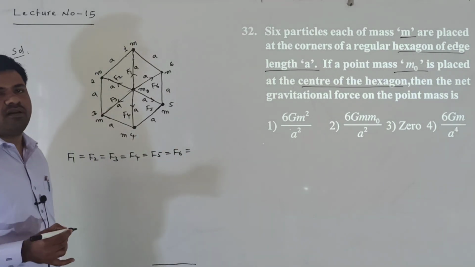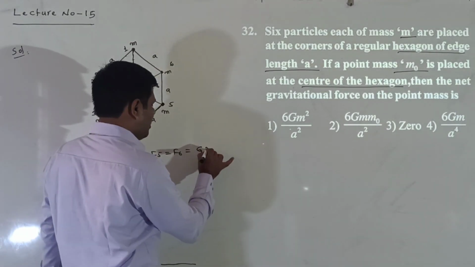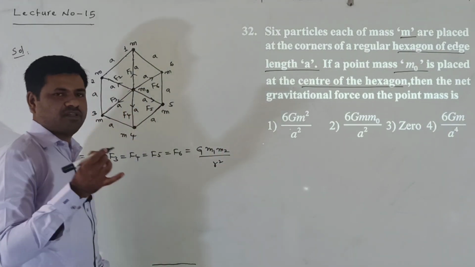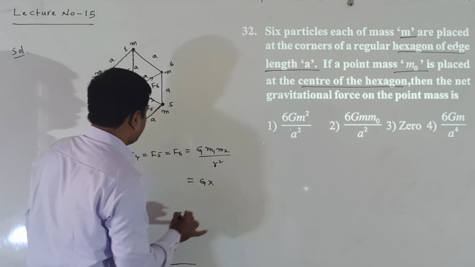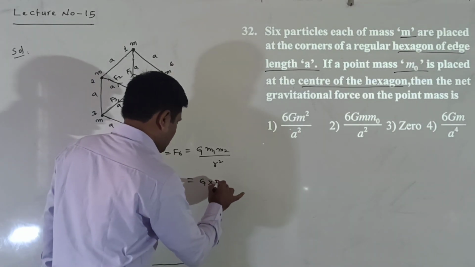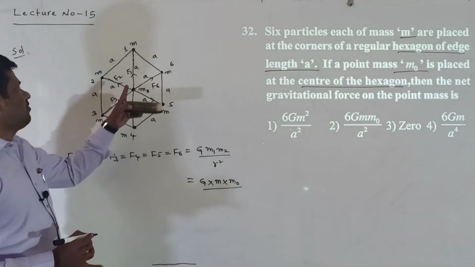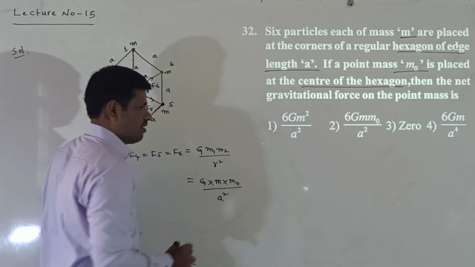All forces are equal. That value is equal to G into m1 m2 by r square, where r is the distance between the two masses. Now G into one mass m, another mass m naught, and the distance between them is a square.